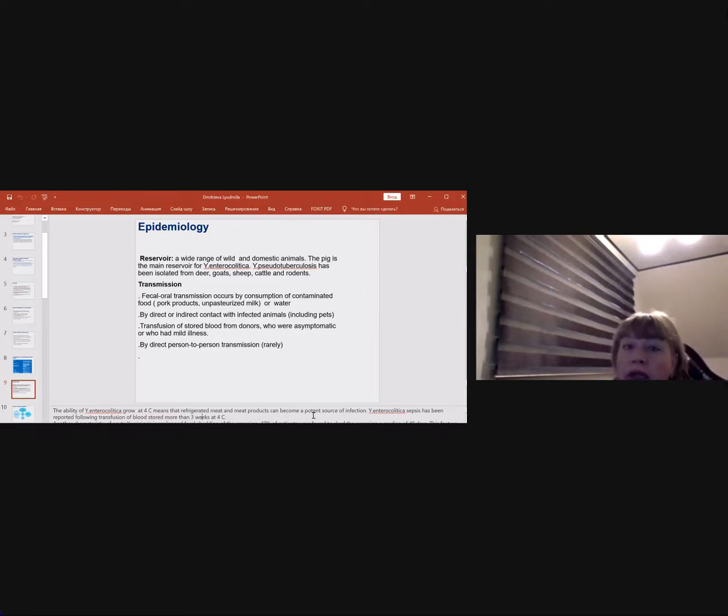In their organism, Yersiniosis may be asymptomatic, and they may be carriers of Yersinia species. If the rat or mice have Yersinia species in their organism, there are a lot of Yersinia species in their urine. And this urine may be on vegetables, for example.